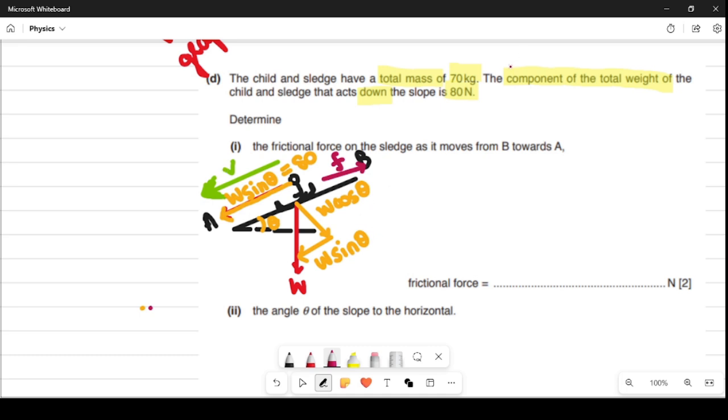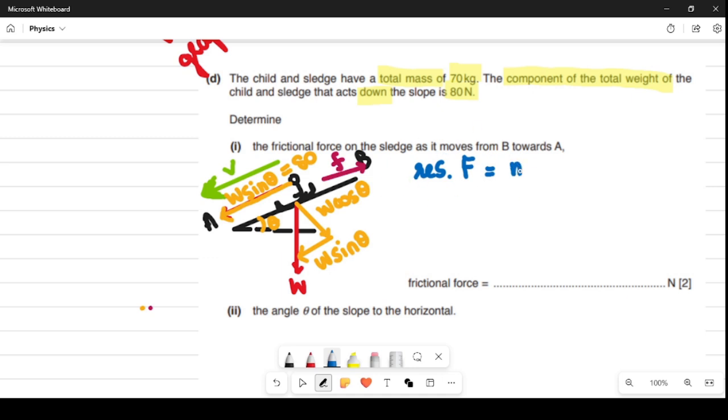Now, what is he asking us? He's asking us what is the frictional force that is acting on the child on his sledge. That's easy. We know that resultant force, my bad, I'll make sure to write resultant because I don't want you people to be asking how we subtract force from friction.